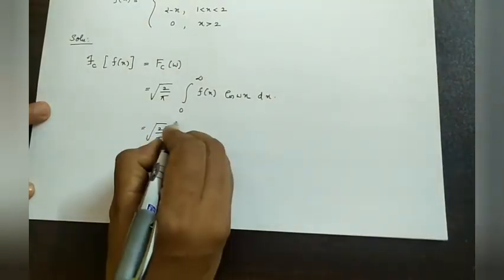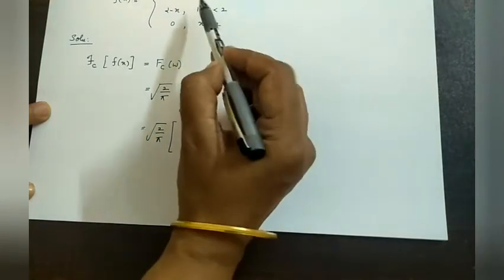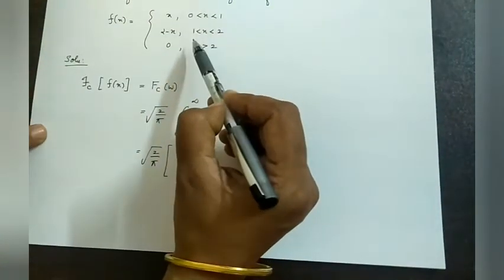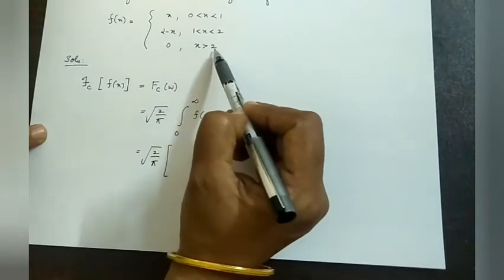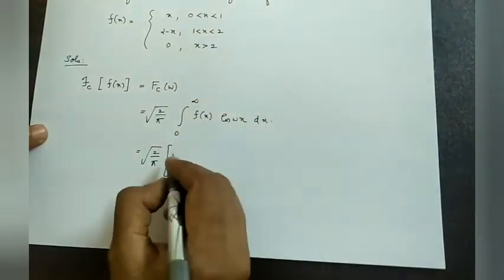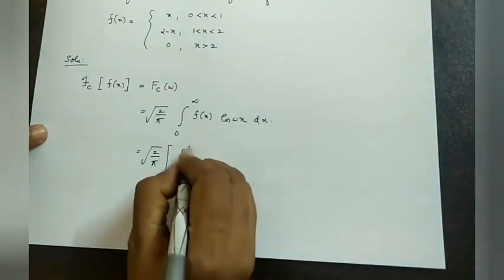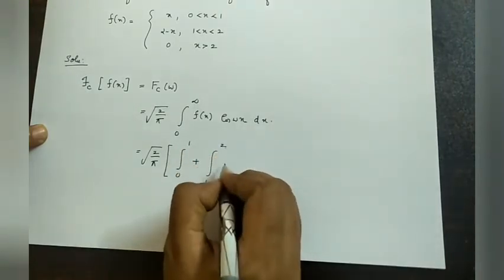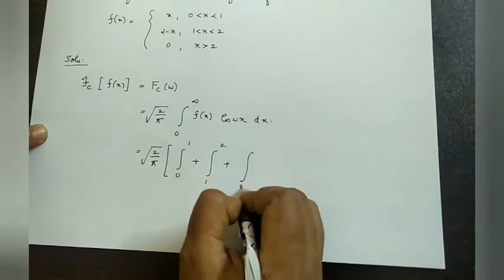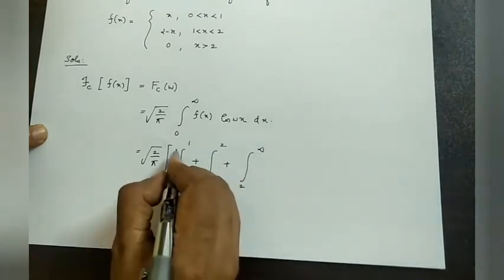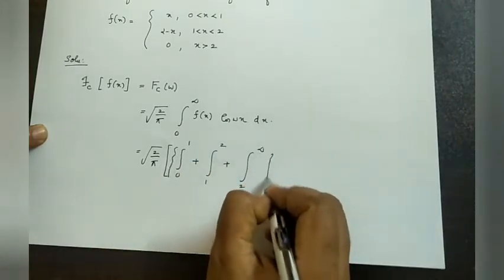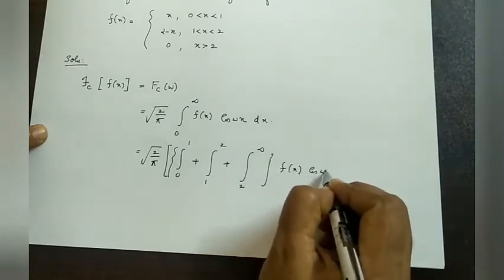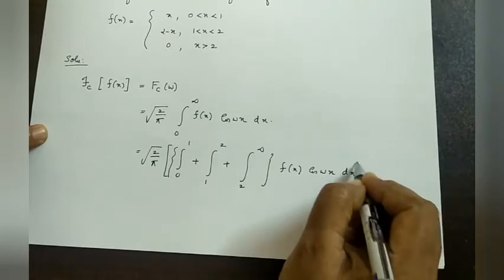Now integral from 0 to infinity can be divided into 3: 0 to 1, then 1 to 2, then 2 to infinity. Therefore we can divide this, that is 0 to 1 plus 1 to 2 plus 2 to infinity of f of x cos omega x dx.